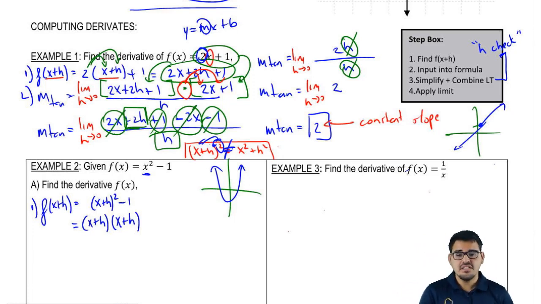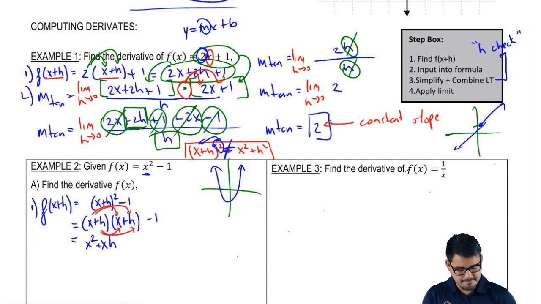So let's go ahead and keep computing the f of x plus h. So it means we're going to distribute now. I know it's longer and more annoying to follow this, where we distribute x times x, which gives us x squared, x times h, which gives us xh. Then we multiply now these bottom two. So h times x and h times h.